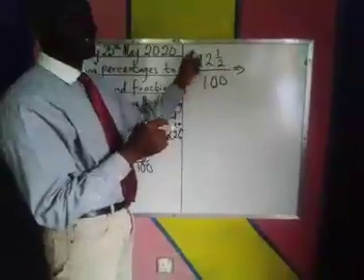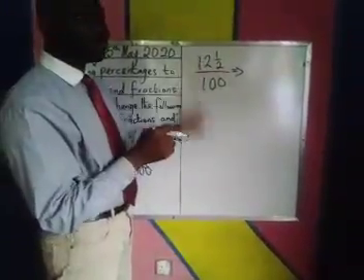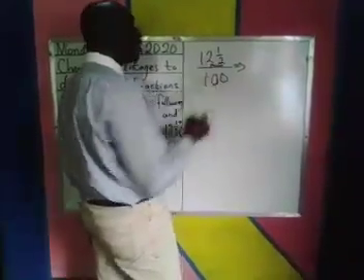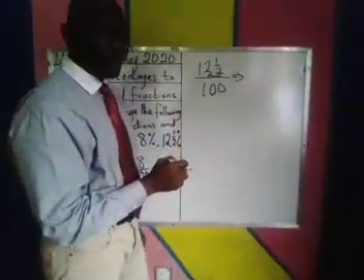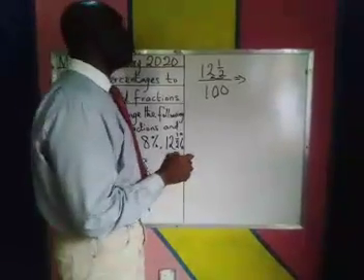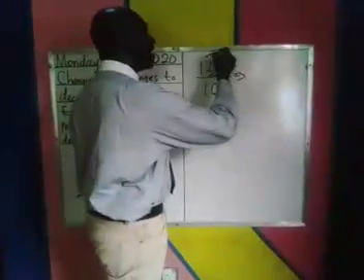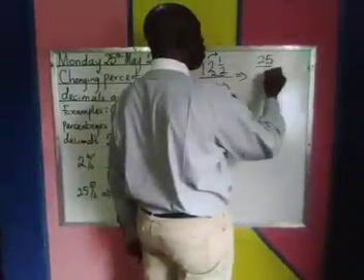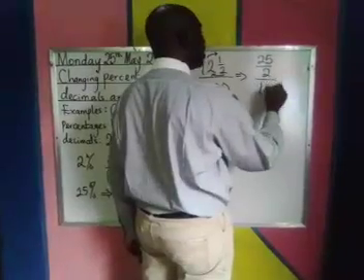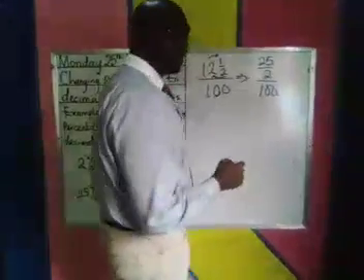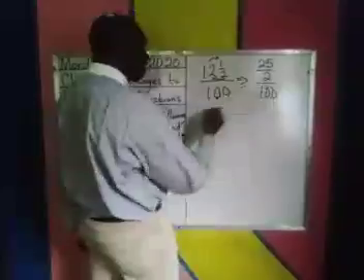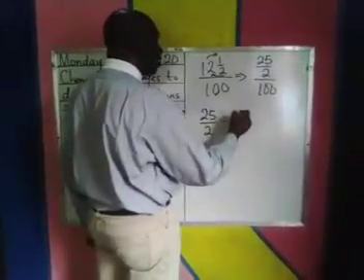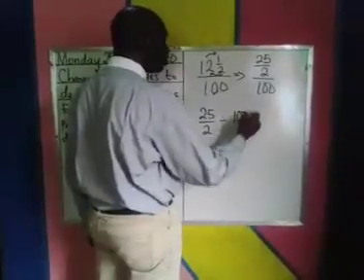We turn them into improper fractions. So we say 2 times 12 is what? 24, right? Plus 1, that is 25. So we say 25 over 2 over 100. This means you have 25 over 2 divided by 100.